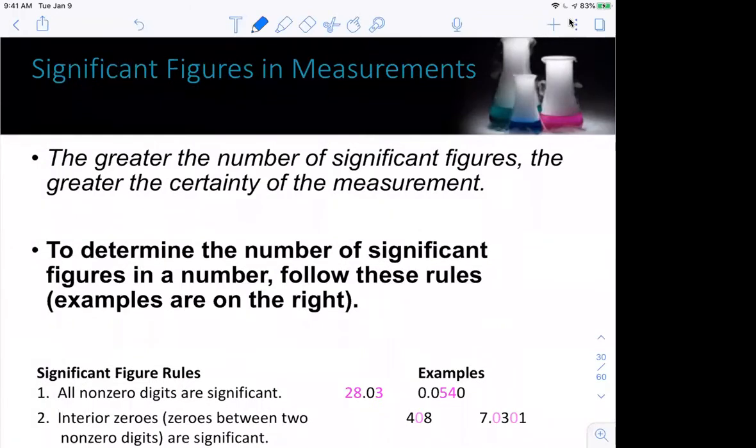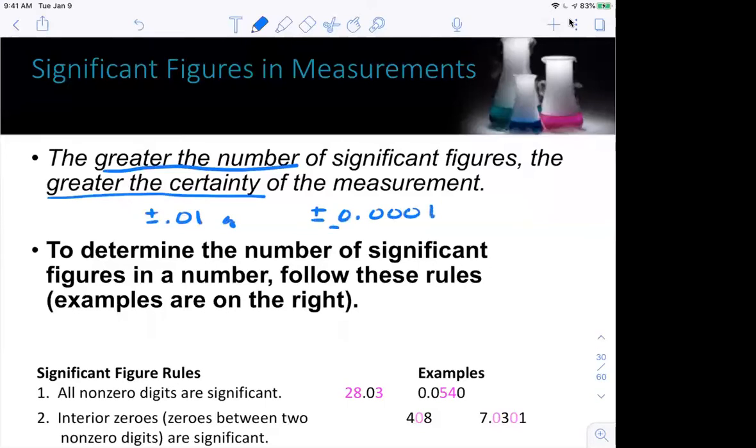So the greater the number of significant figures, the greater the certainty. Remember, if I had my balance that was plus or minus 0.1 grams versus plus or minus 0.0001, this measurement is much more certain than this one.